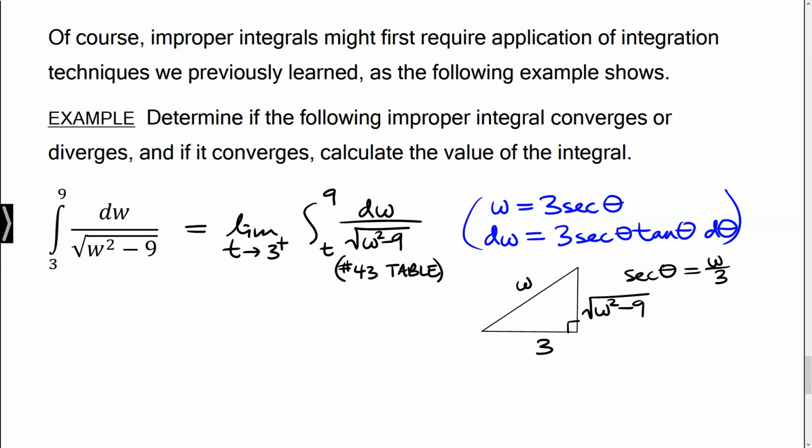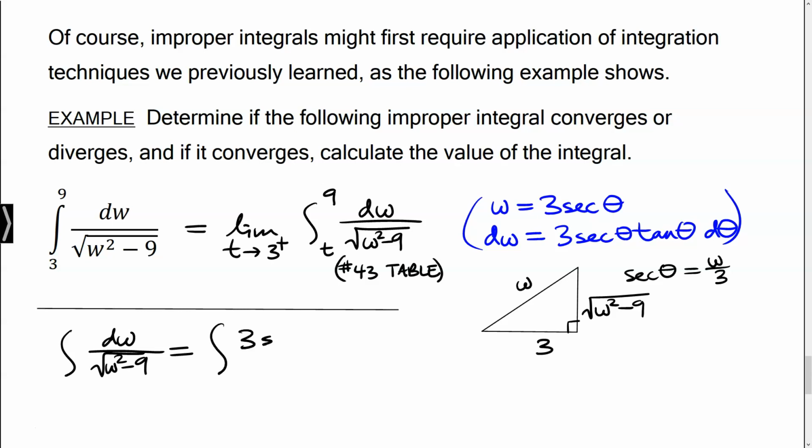And so when we integrate this, let's just do this completely on the side. So we're just going to put a line here. I just want to find the antiderivative of this. Okay, so dw. On top, I've got 3 secant tangent d theta.